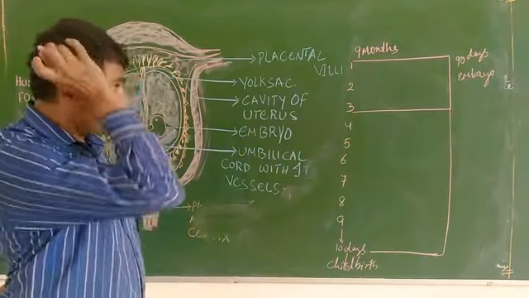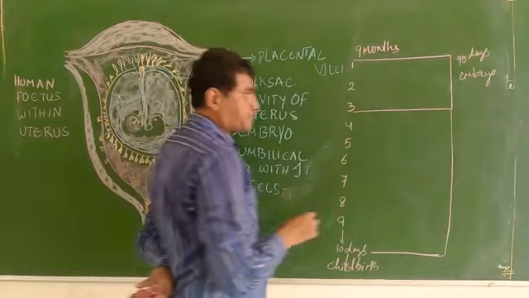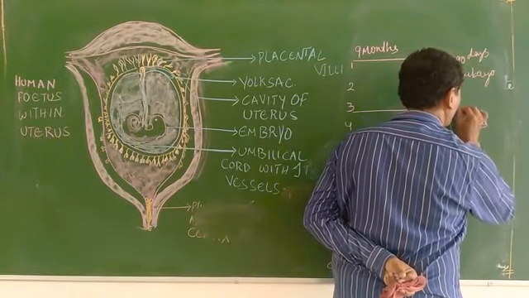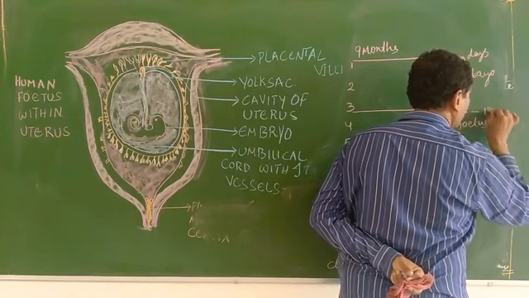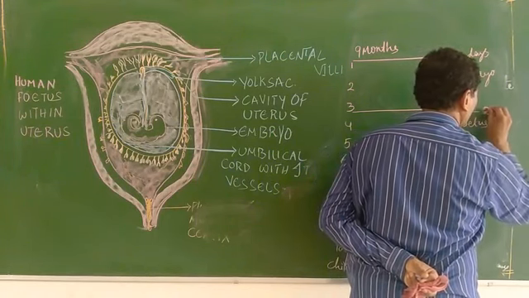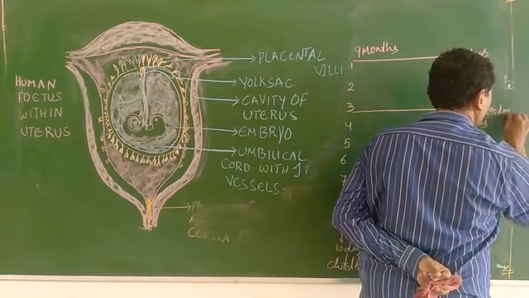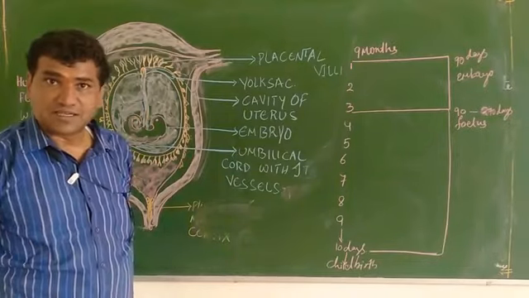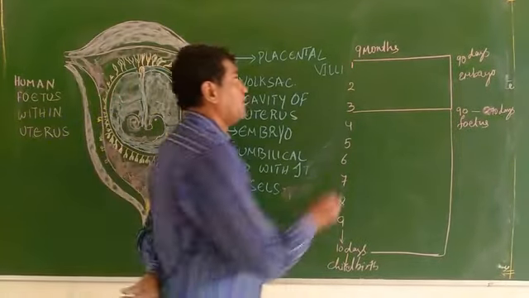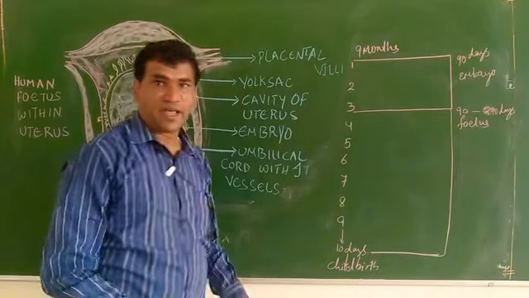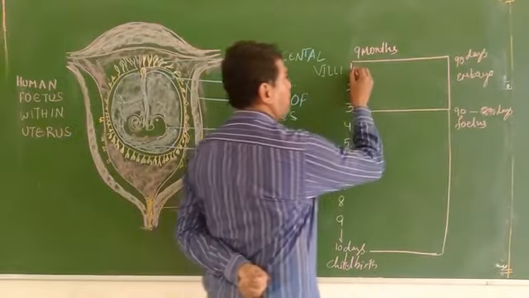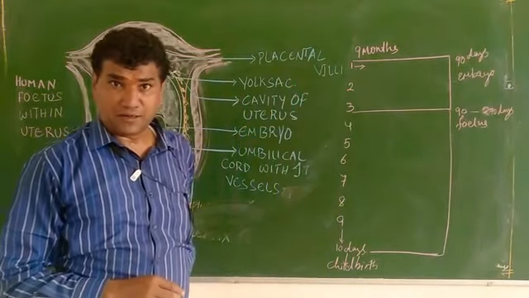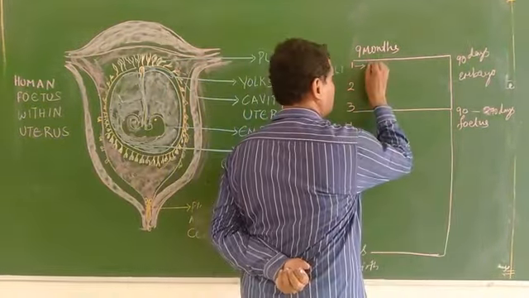Next, it is called the fetus. In the first month of pregnancy, major development of the heart takes place.